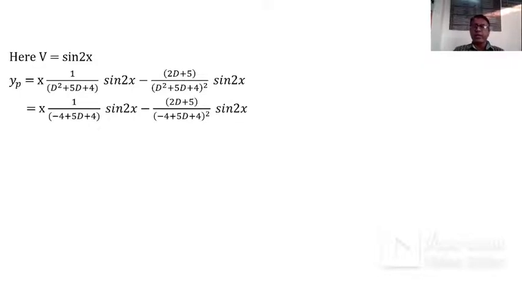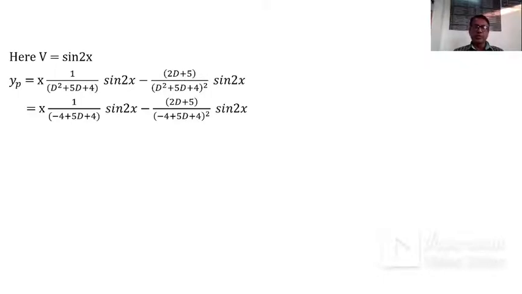Again we know that if we operate 1 upon f of D on sine ax, then we first substitute D square by minus a square, if the denominator is non-zero. Here a is 2. Therefore, we substitute D square by minus 4 in both the terms in the denominator.